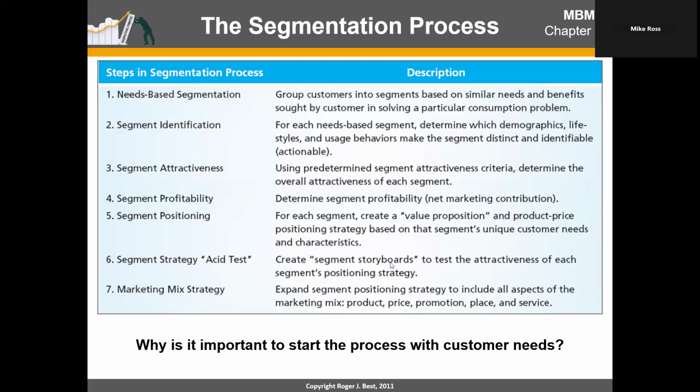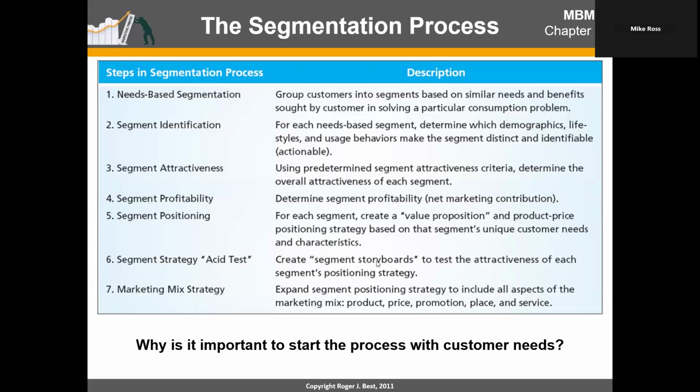Here, another segment strategy acid test. So can I create a storyboard? I being a marketing nerd, I love analyzing TV ads. I know in the era of streaming, you can often opt out of those ads.